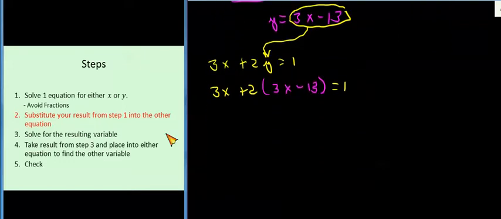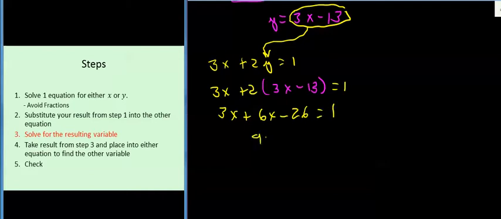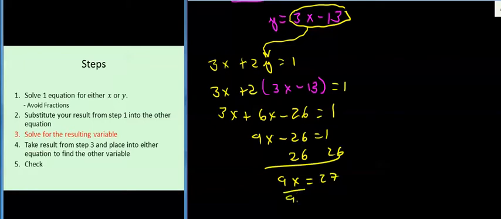All right, step 3, I solve for the resulting variable, which is x. 3x plus 2 times 3, 6x, minus 2 times 13, 26, equals 1. 9x minus 26 equals 1, add 26. 9x equals 27, divide by 9.